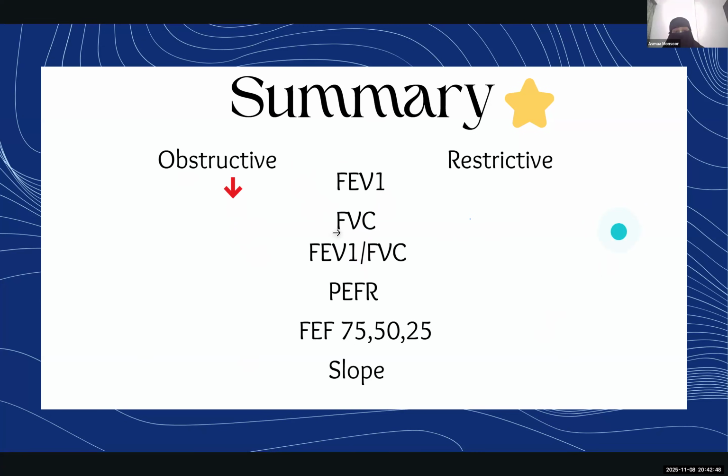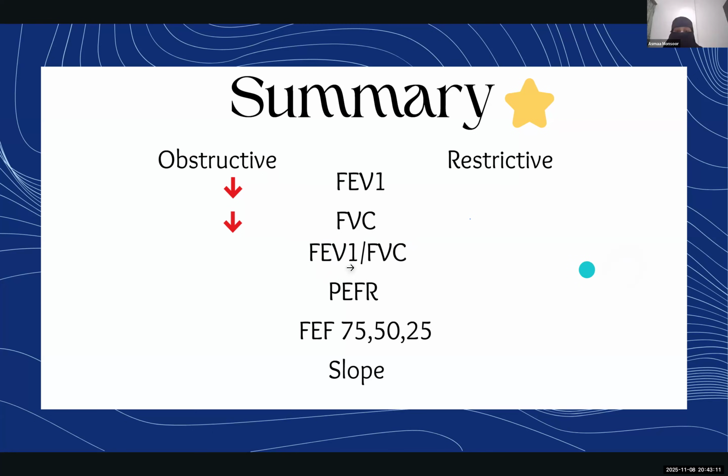Very good. What about FVC? Forced vital capacity, the total amount of air you can exhale. It will decrease. Very good, guys. Okay. What about the ratio? FEV1 to FVC ratio. What will happen to the ratio, guys, for obstructive diseases? Yes, it will decrease. Very good.